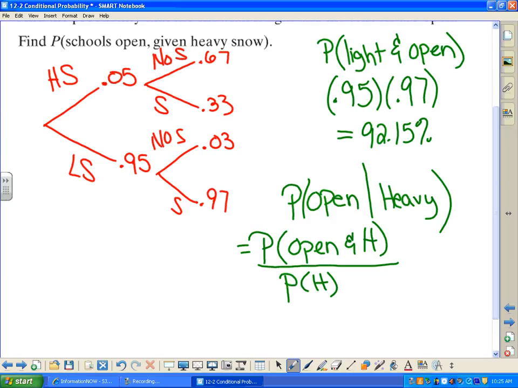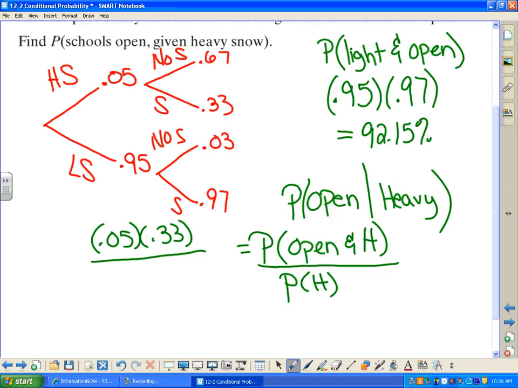Okay? All right, open and heavy. Well, I don't have to do it in that order, right? Because my tree diagram's set up the other way. So I'm going to do heavy and open. So to get heavy and open, what am I going to have to do? Okay, 0.05 times 0.33. And that's going to be over the fact that I have heavy snow.